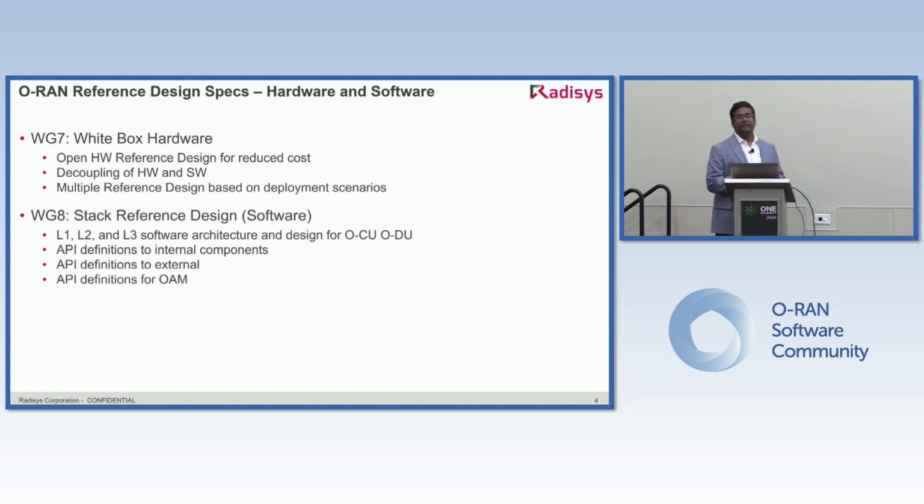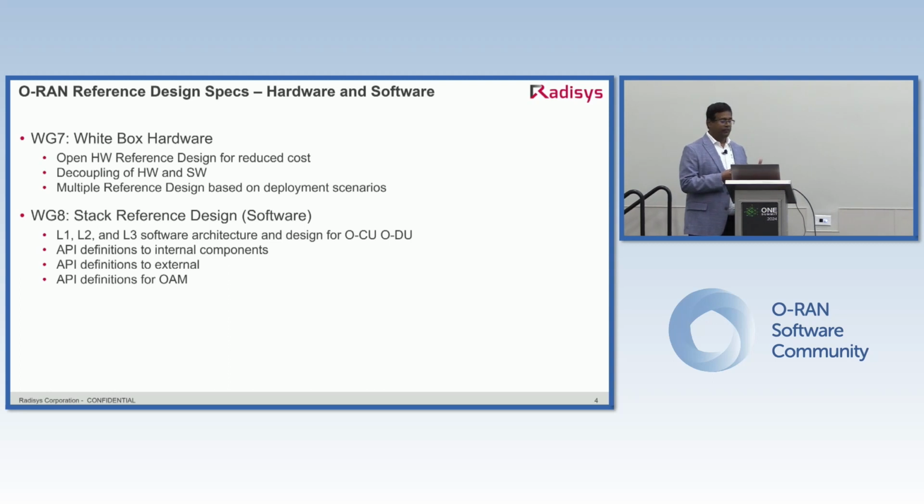When it comes to the stack reference design or the software aspects, Working Group 8, which I represent as a co-chair, has a lot of focus on actually implementing the base station reference architecture. This is not a mandatory specification, it's more an informational one, and that way it is not binding or mandatory on anyone.